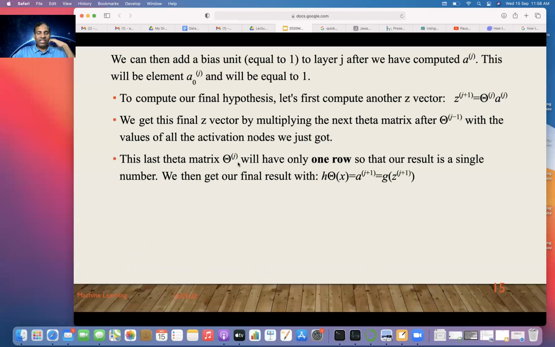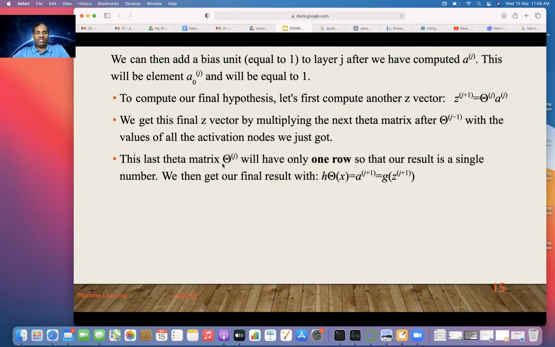This last theta matrix theta j will have only one row, so that our result is a single number. We then get our final result with h theta x is equal to aj plus 1, which is g of zj plus 1. So if you want a single number, you need only one row.